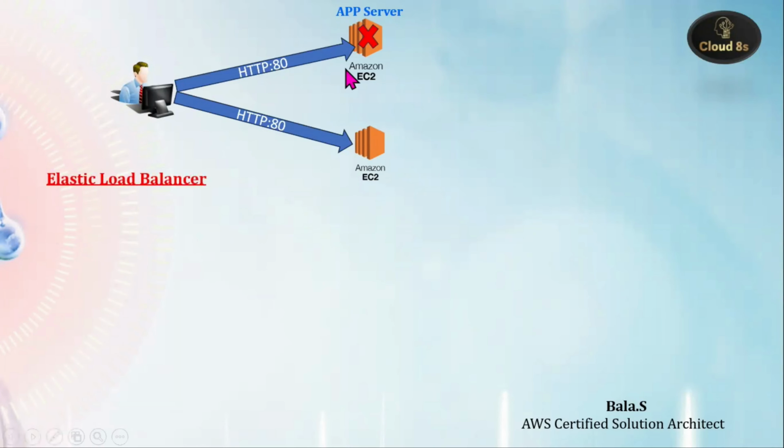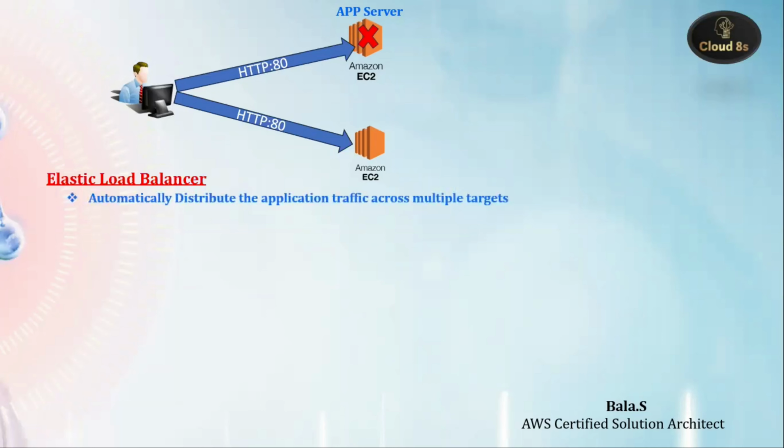To overcome this type of issue at the AWS cloud level, AWS provides the Elastic Load Balancer. With it, we can get the application or web server content even if anything happens at the EC2 level. We will see that one by one: what advantages AWS provides, how we can configure the Elastic Load Balancer, and how we can attach EC2 instances. So let us start.